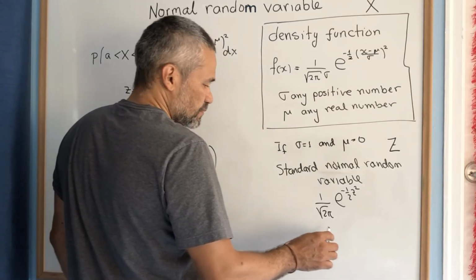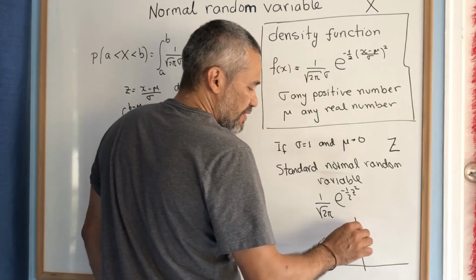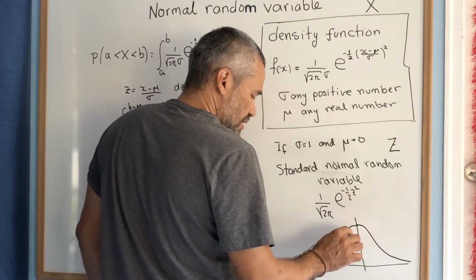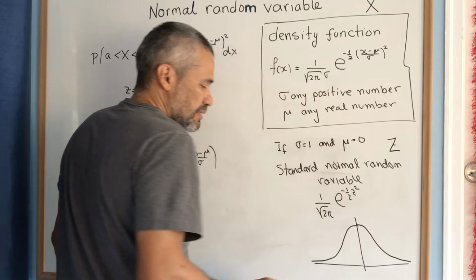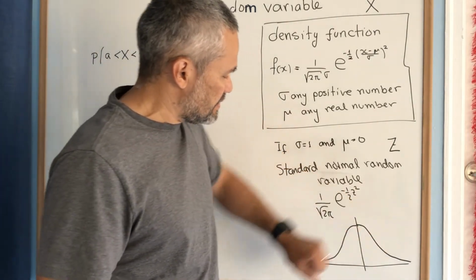Let me say that the graph of this function is like this. It's an even function. It goes like this, and it goes like that. And we know that the area under the graph is equal to 1.